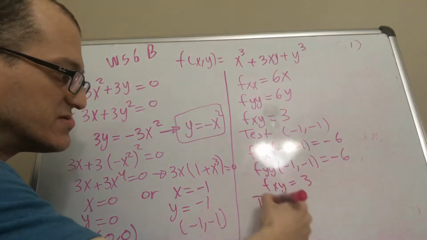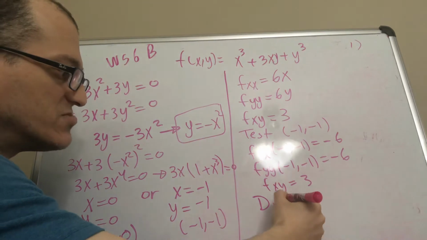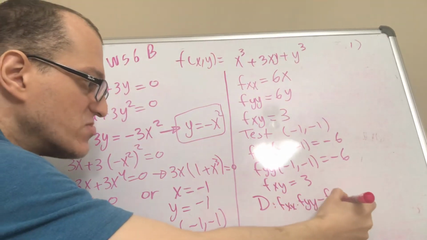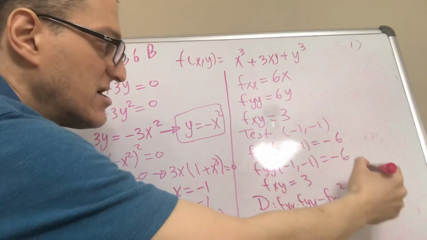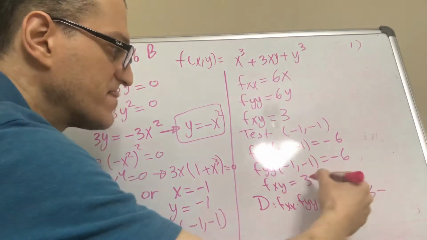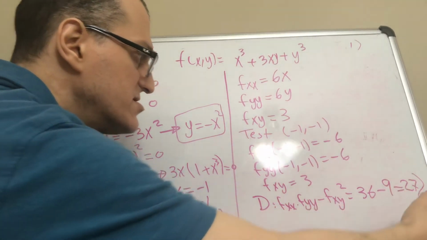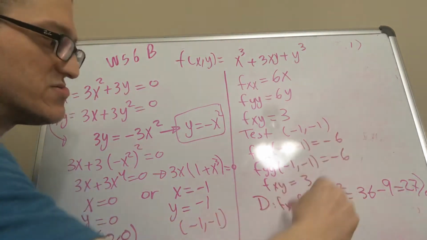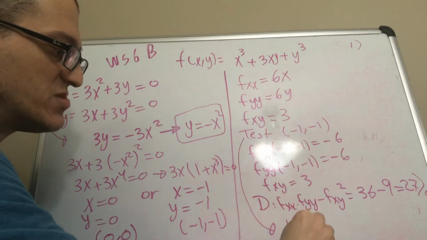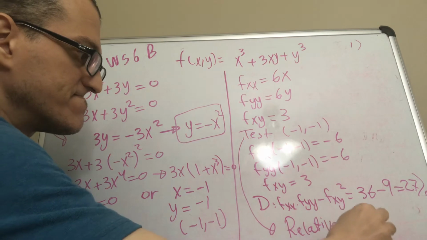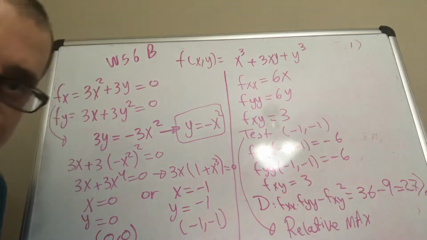So we do the D, which is fxx times fyy minus fxy squared. This times this is 36. This squared is 9, that's 27, that's more than 0. Positive, and these two are negative. This one is a relative max. Good?